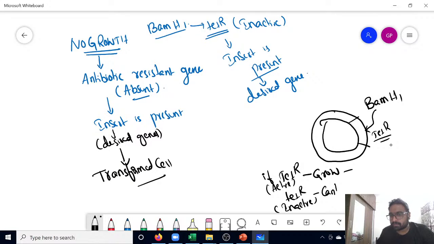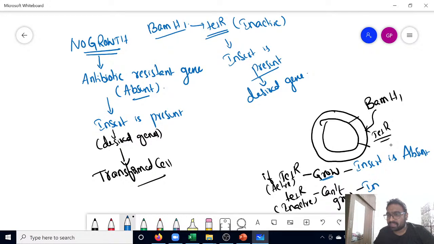Tell me quick, fatafat. It is able to grow means what? TET-R is active means insert is absent. TET-R is inactive means insert is present.